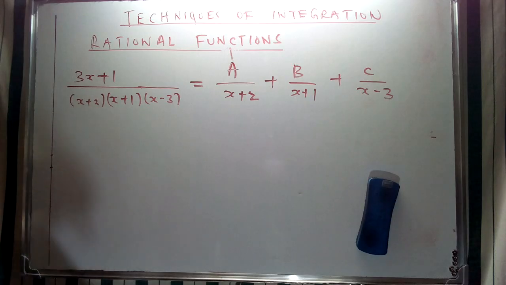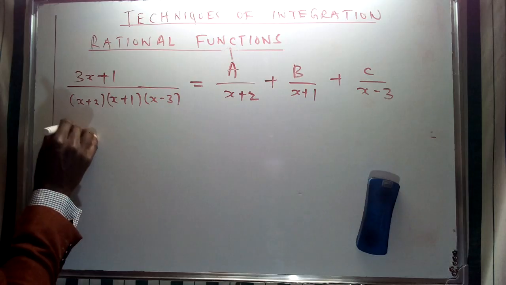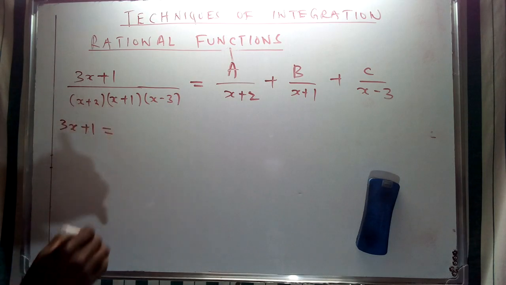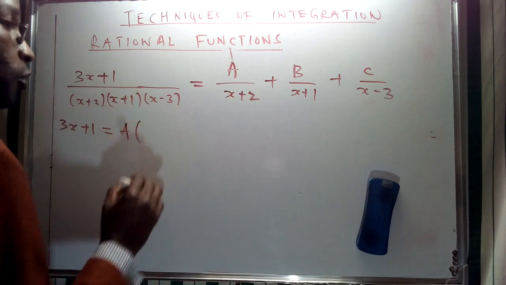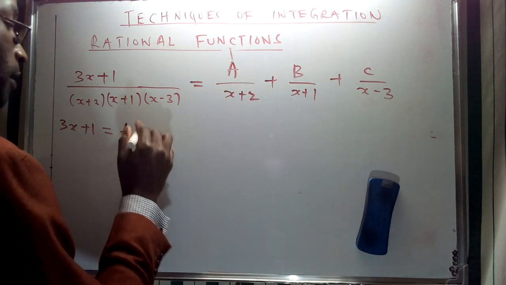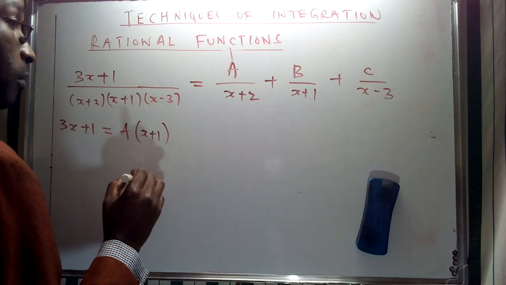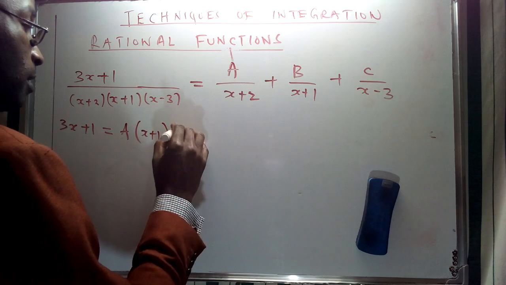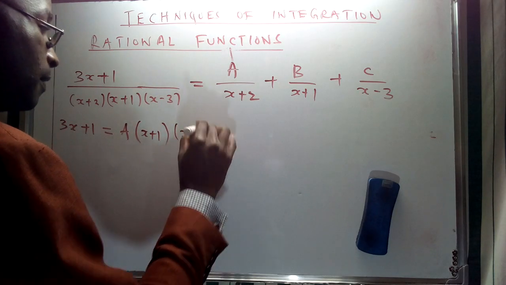So if you do a rearrangement of this specific expression, we're going to have 3x plus 1 being equivalent to a into this specific part of the denominator, which is going to be given as x plus 1, and then into x minus 3.